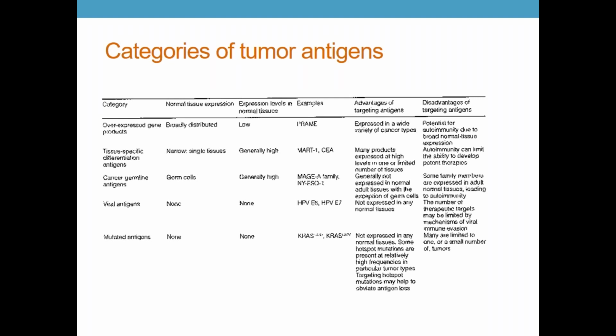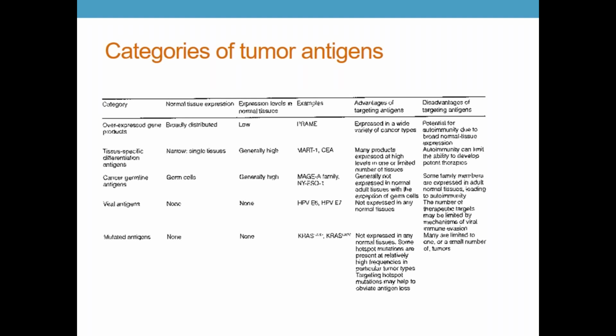Now, you can use these. The problem with these is that even though they're mainly present only in very limited normal tissue, they can also still be present in lower amounts in normal tissue. So there's still a possibility of eliciting an autoimmune reaction.